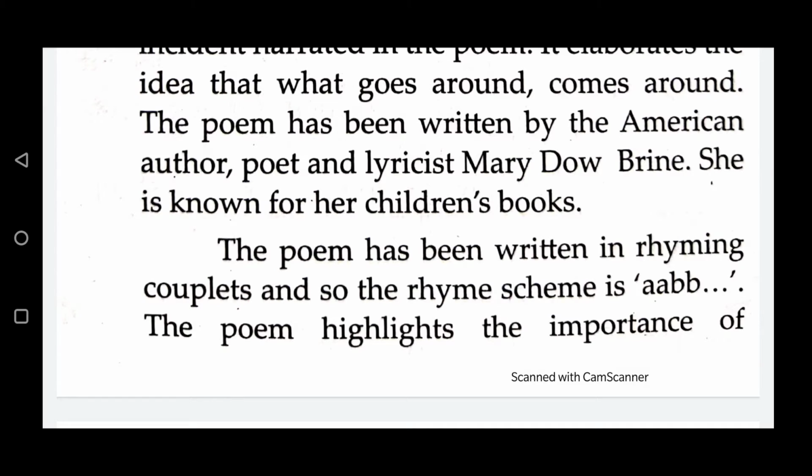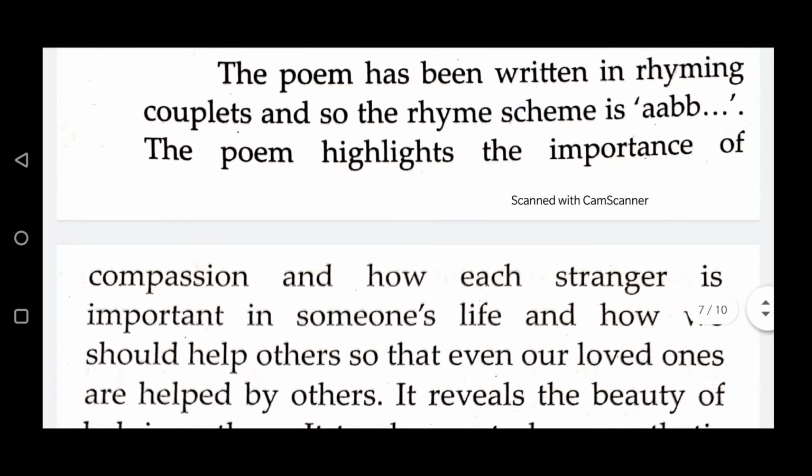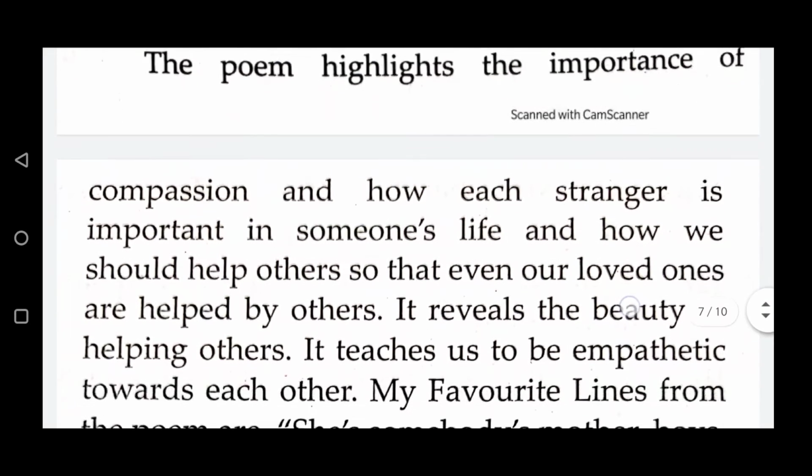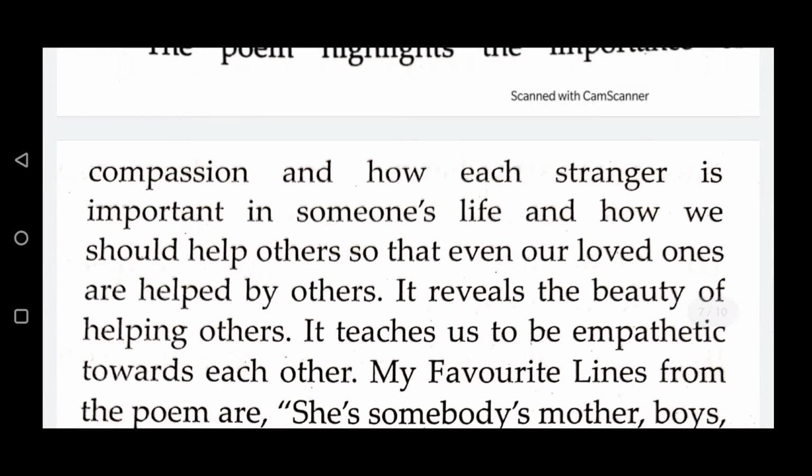The poem highlights the importance of compassion and how each stranger is important in someone's life and how we should help others so that even our loved ones are helped by others. It reveals the beauty of helping others.